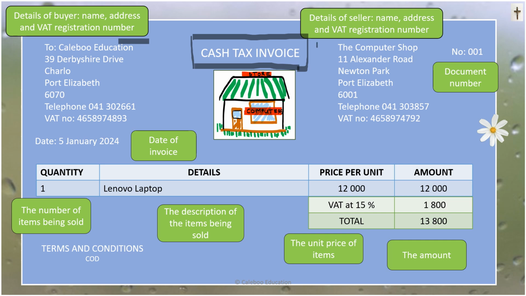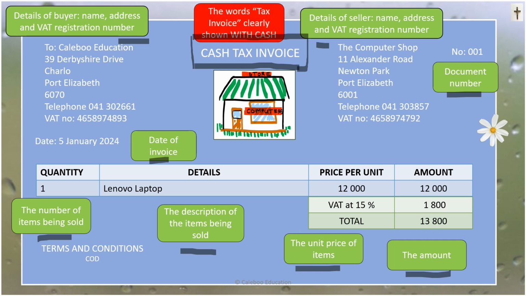All the same information is on a cash tax invoice as was on a credit tax invoice. The only difference is that this was a cash transaction, so the word cash needs to be clearly displayed on the invoice. Then all the other criteria are the same.